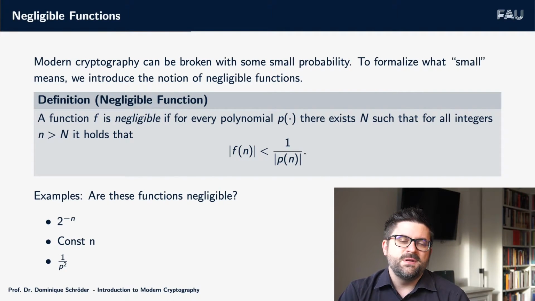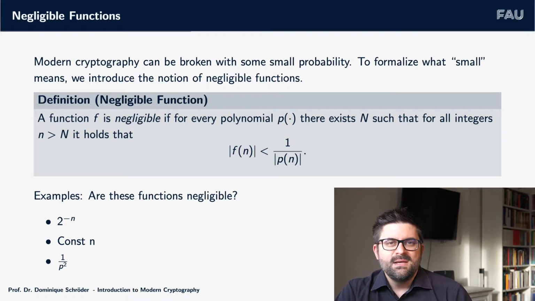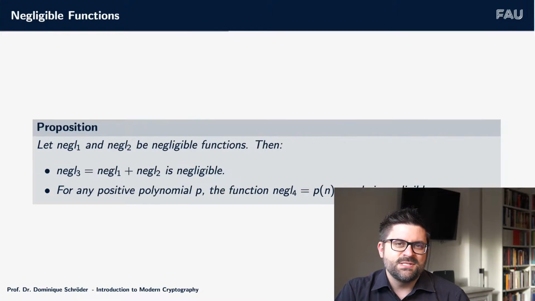So now you've seen 3 nice examples of how to handle negligible functions, which should help you to play around with this definition. In many security proofs, however, we also need to be able to compute with these functions, and they have very cool properties. The first property is that whenever you add 2 negligible functions, the result will also be negligible.